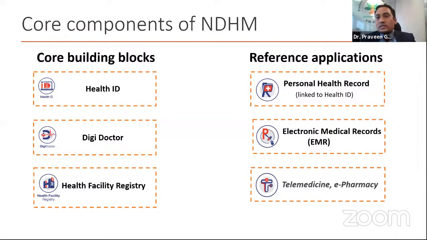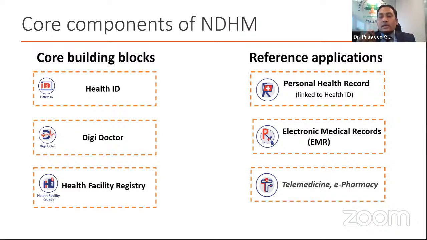And we will be providing certain reference applications which are developed by us and will be rolled out soon. And we will also allow other players to come out with products, and you, doctor, are at liberty to choose whichever you want to choose. So the first such product is personal health record. I have an app called PHR, or personal health record.